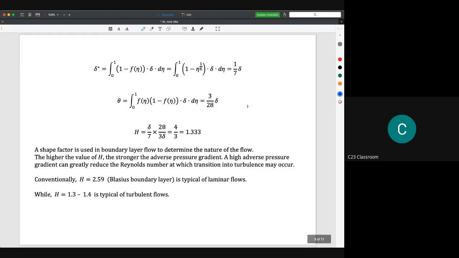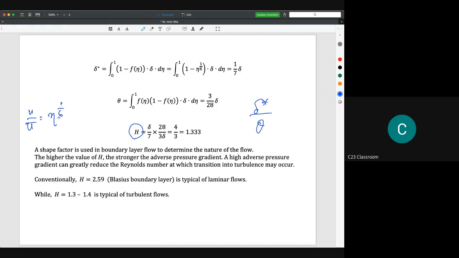Then we need to solve the value of H, and the value of H is delta star over theta. We know that u over U is equal to eta to the power of 1 over 6.